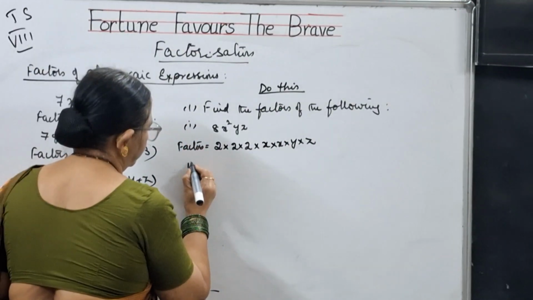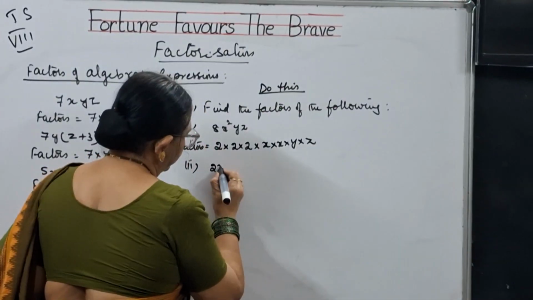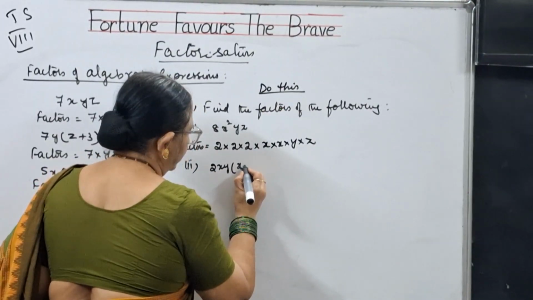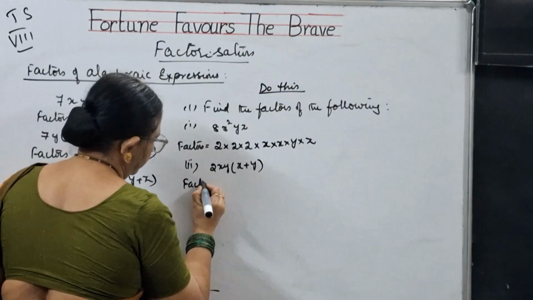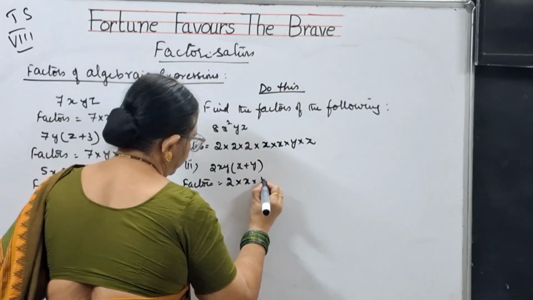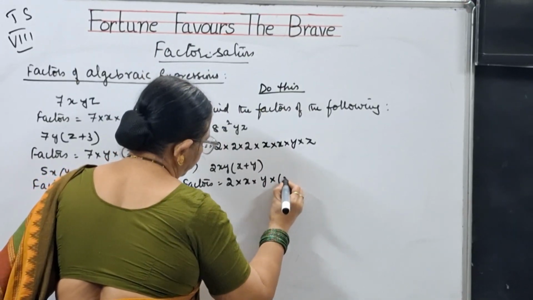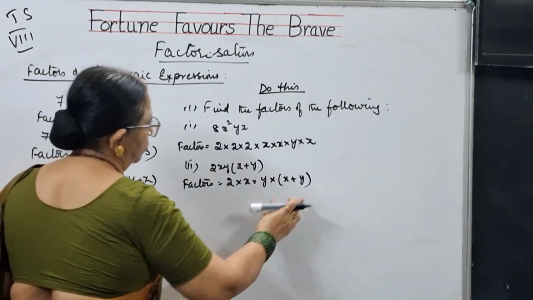Second bit. 2xy into x plus y. So these factors are nothing but 2 into x into y into x plus y. This we have to write separately, children.